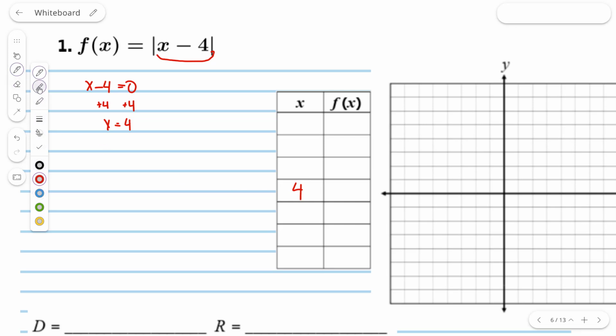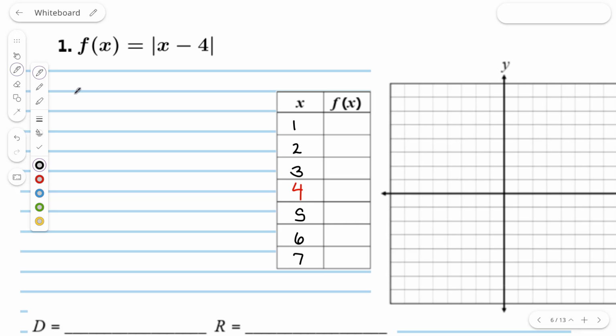Now I am going to count backwards and forwards from there. So if I go down, 3, 2, 1, up, 5, 6, 7.